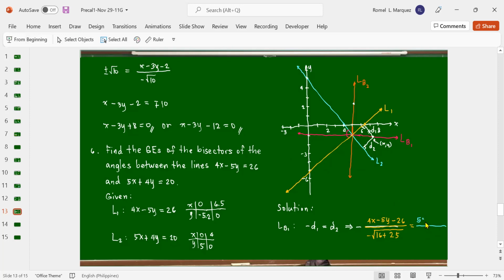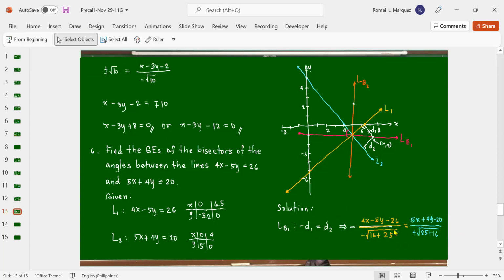So 5x1 is x plus 4 y1 is y, and then minus 20. So all over positive this time, square root of 25 plus 16. Okay, that's it. Okay, guys?